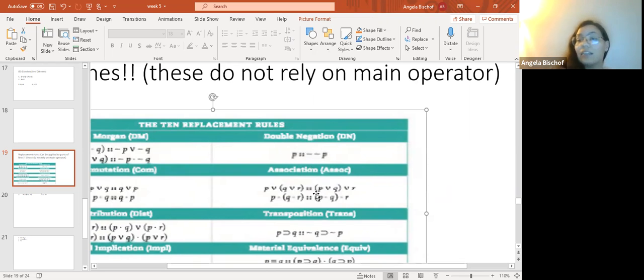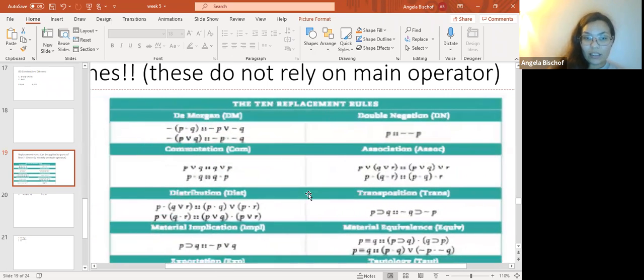They cancel each other out. It's a very simple rule, in terms of the way that we use double negation in real life, in ordinary language. Okay, so that's one of the easier ones.